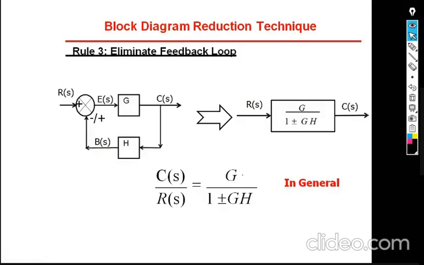Now the third type of rule is the feedback. So how to eliminate this feedback, this one H?